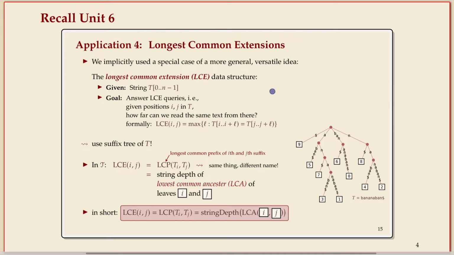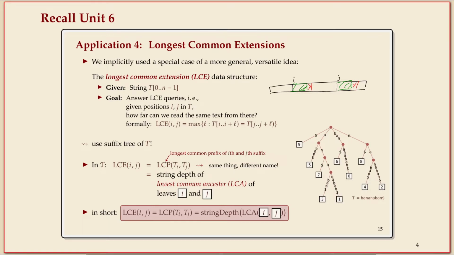So remember that was given a string, or you can read the text, of course. So it was given a string, and then two positions, i and j. You were asking what's the longest part that you can read from these two positions to the right, so that these two are the same before they're stopped by something where they differ.